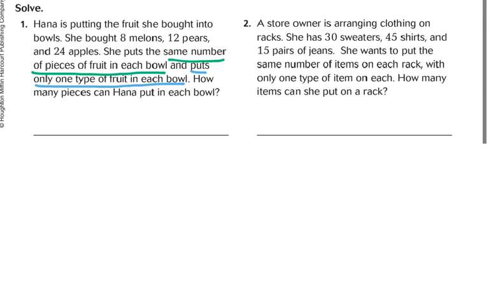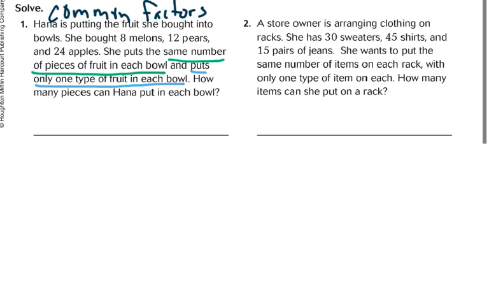Now, nowhere in this problem does it tell us that we have to use all of the fruit. What it wants us to find is our common factors. If she was separating out this fruit into bowls, how many of each fruit could she put in each bowl? And we want the same amount of each fruit in each bowl.